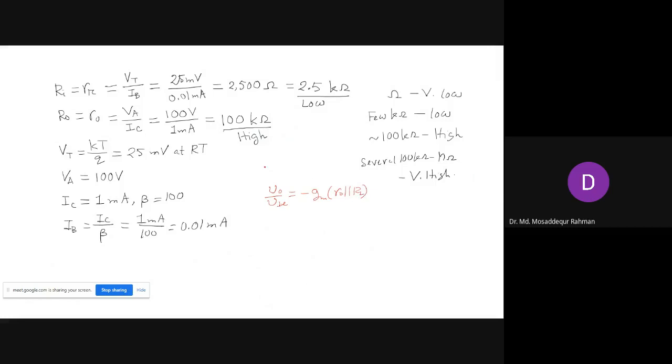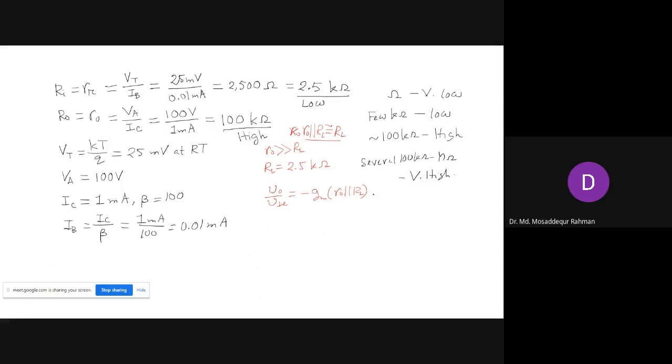Now let's say we take a convenient value for RL, say 2.5 kilo ohms, and here we see that R naught is 100 kilo ohm from our calculation. So we can easily say that R naught is much greater than RL, and we can take the parallel combination of R naught and RL as almost equal to RL, right?